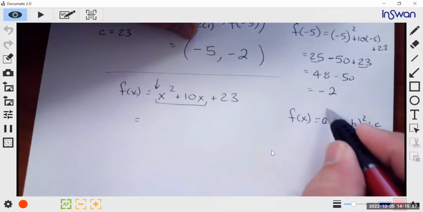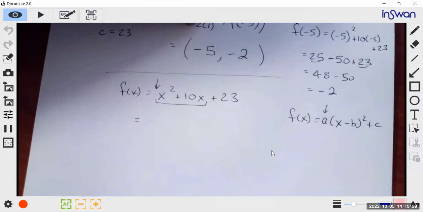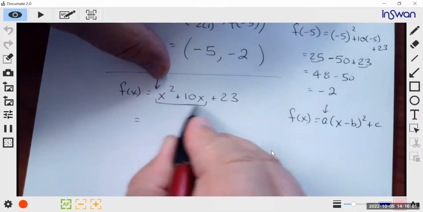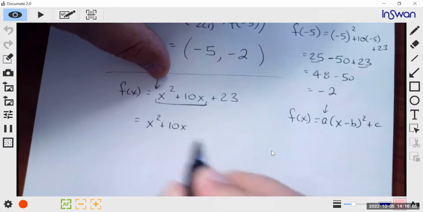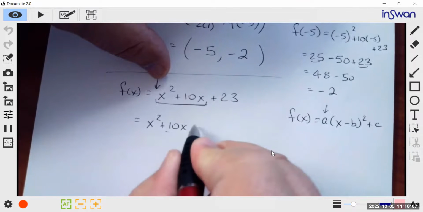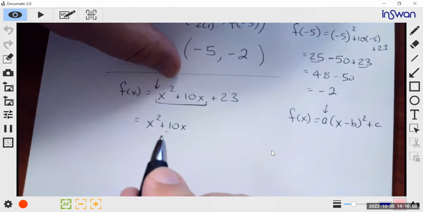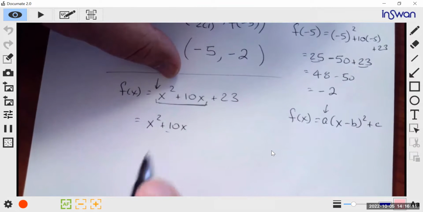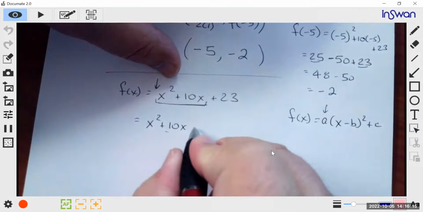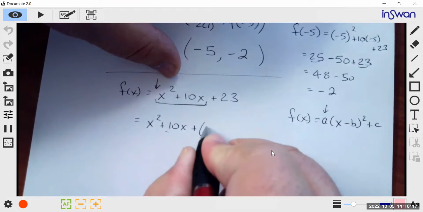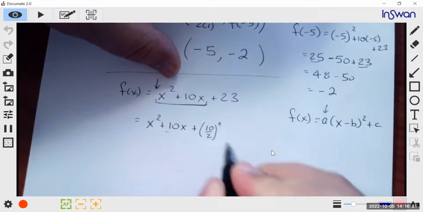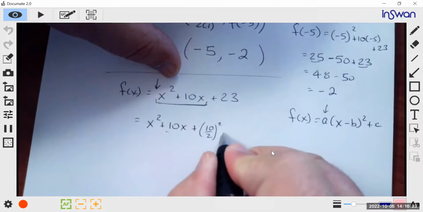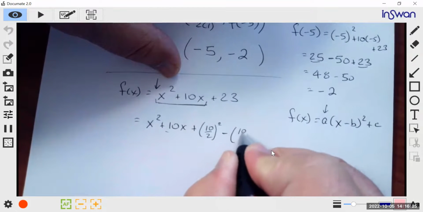That's going to be A. But since we have 1, remember when we add b over 2a, b over 2 squared to both sides? 10 over 2 squared. Since we added it, we also have to subtract it.